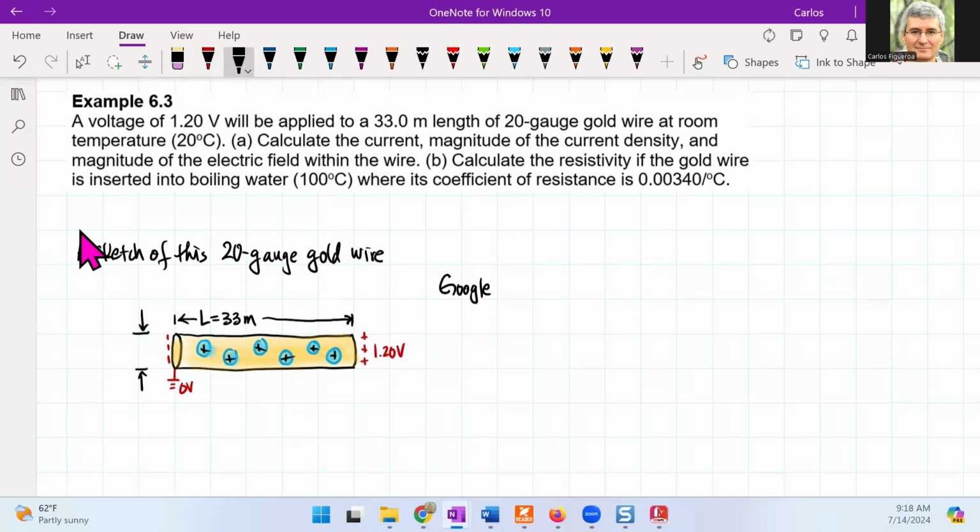I'm going to Google 20 gauge wire, and when I Google this, it tells me here that the diameter is equal to 0.914 millimeters. So that's my diameter.